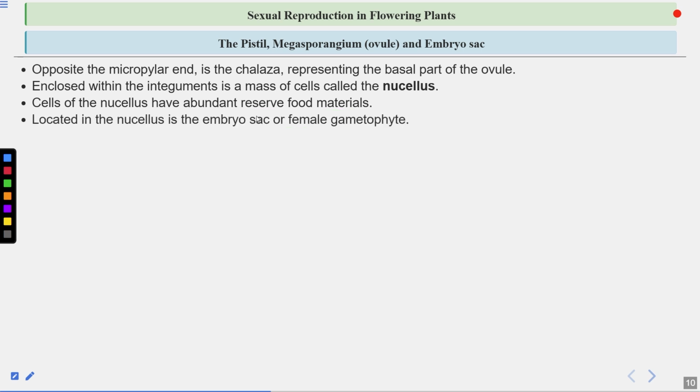Located in the nucellus is the embryo sac or the female gametophyte. Inside this nucellus, one of the nucellus cells gets modified and changes into the female gametophyte or the embryo sac, right? It undergoes the meiotic division, the reduction division, and forms the embryo sac.